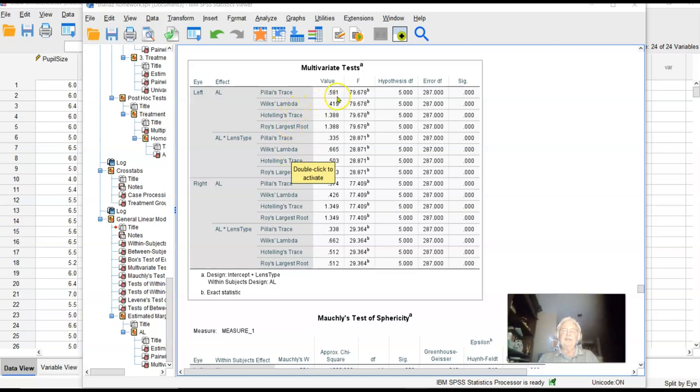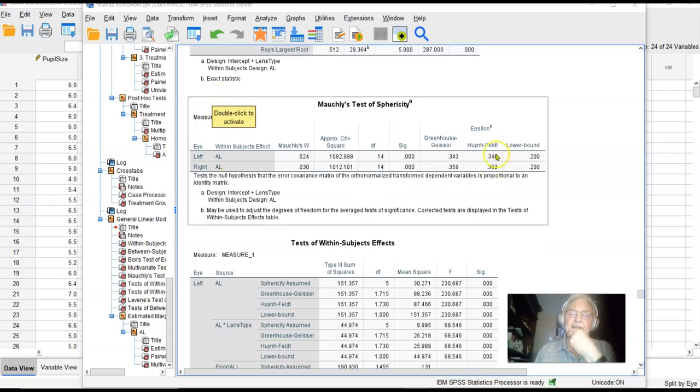And it's going to do a test between the two groups, the two lens types, and it tests for significance. And it's these that are significant no matter which type of multivariate test you do. You could do Pillai's, Wilks' Lambda, Hotelling's, Roy's largest, and they all are significant.